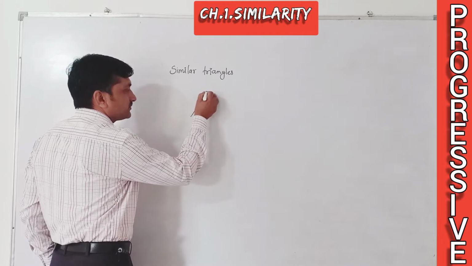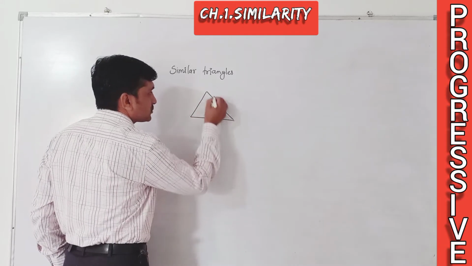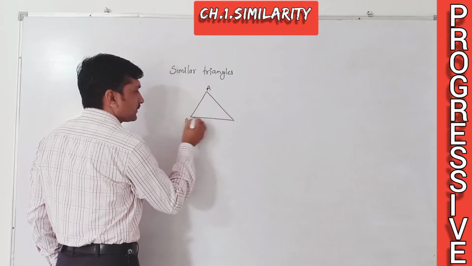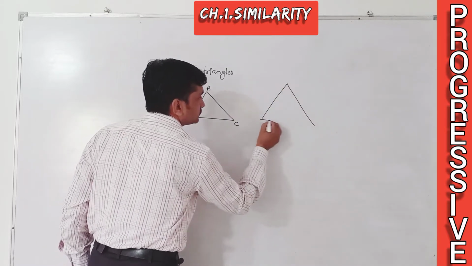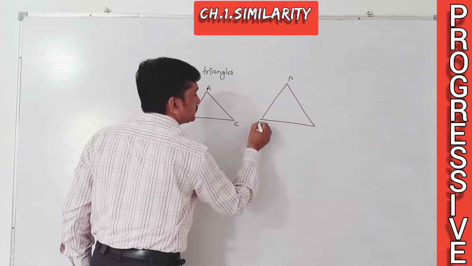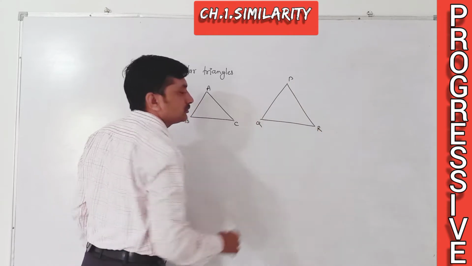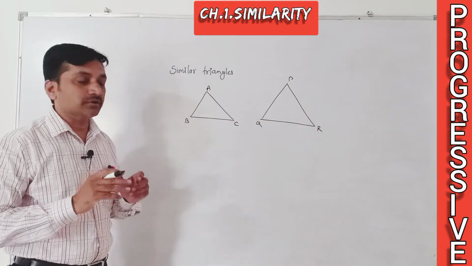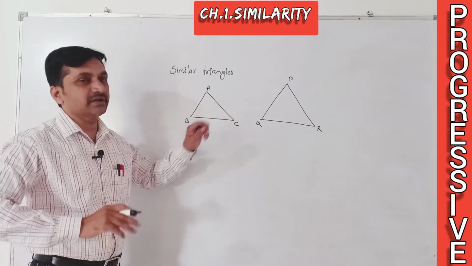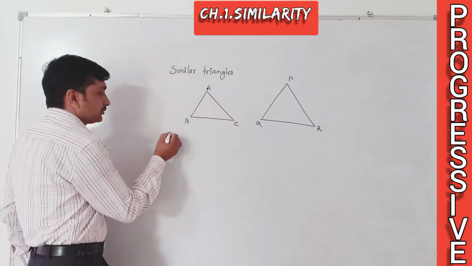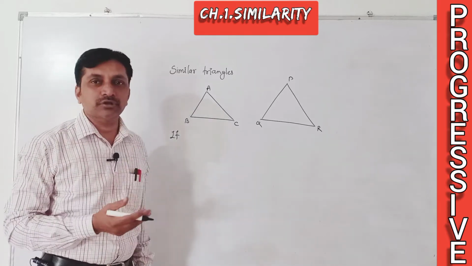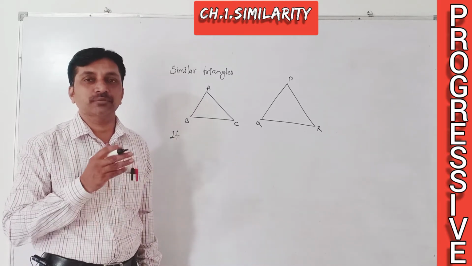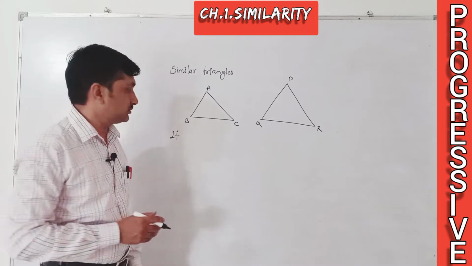If two triangles are given, one triangle is triangle ABC and the second triangle is PQR, then what is the condition for their similarity? There are two conditions. One condition is about their angles and the second condition is about their sides.